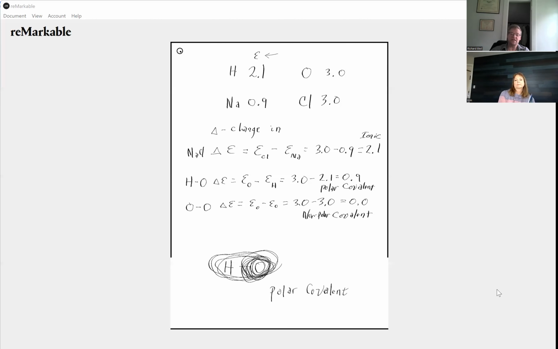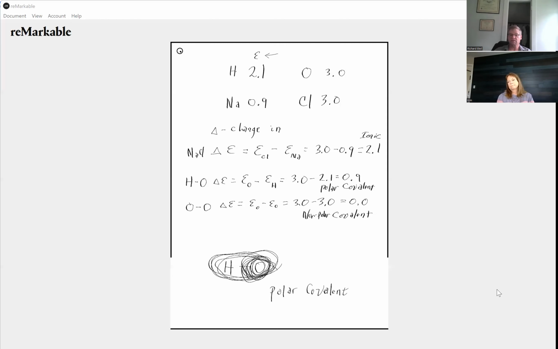So anyway, these electrons are not being shared equally, but the electron is negatively charged. It's not transferred, so we don't have a negatively charged oxygen, and we don't have a positively charged hydrogen. They're close enough. These two children are close enough in strength that even the weak one has a chance at playing with that toy.